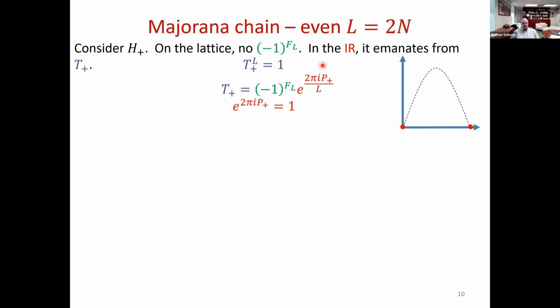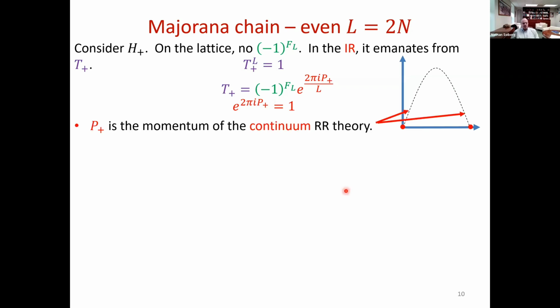So the P's that appear here have eigenvalues which are integers, and we take them to be numbers of order 1, but the important thing is that they are a lot smaller than L. So for modes around here, we would just say that P plus is a number of order 1, and minus 1 to the f left is 1. And for modes around here, instead of saying that P plus is near L over 2, we would say that P plus is again an integer of order 1, and minus 1 to the f left is minus 1.